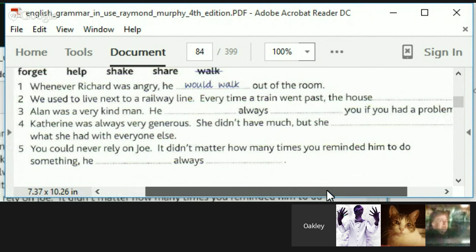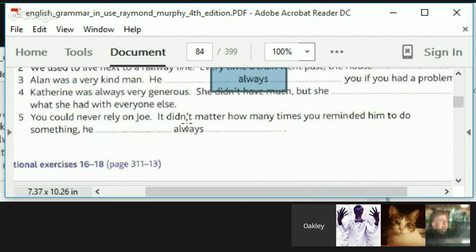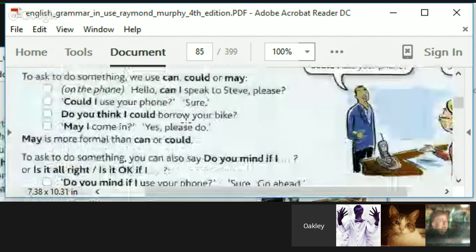Did you remember to send the email? That's reminding somebody. So no matter how many times you reminded him, it didn't matter. It's simply, he would always forget. Yes, would always forget, to indicate that this was a repeated action. Here's where I think would is useful: talking about people's personality in the past, and we generally say would always whatever.